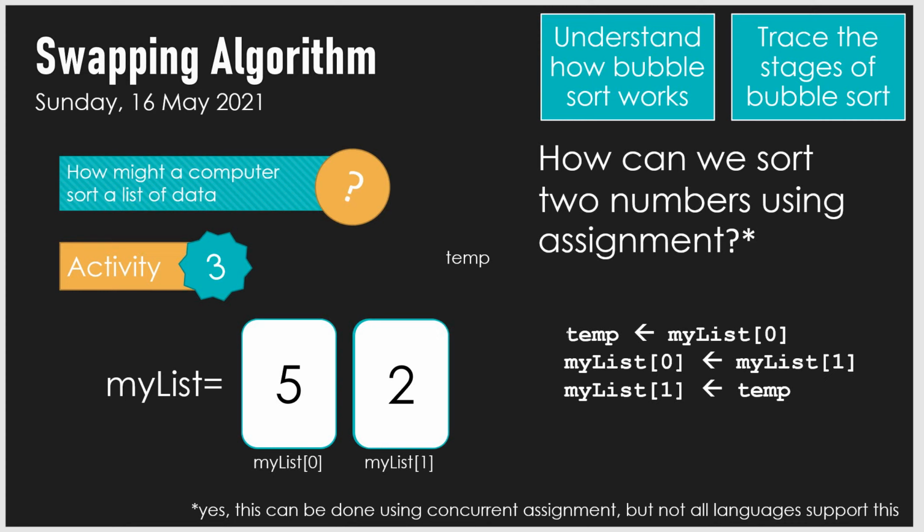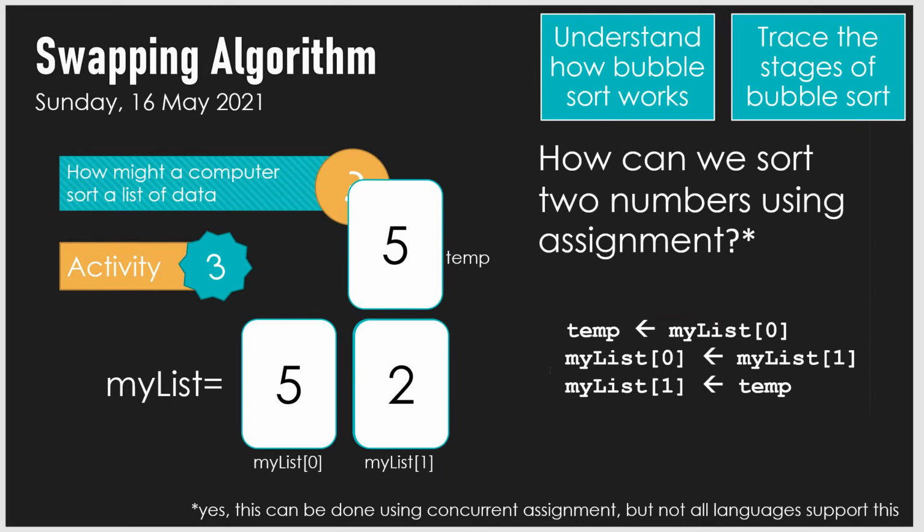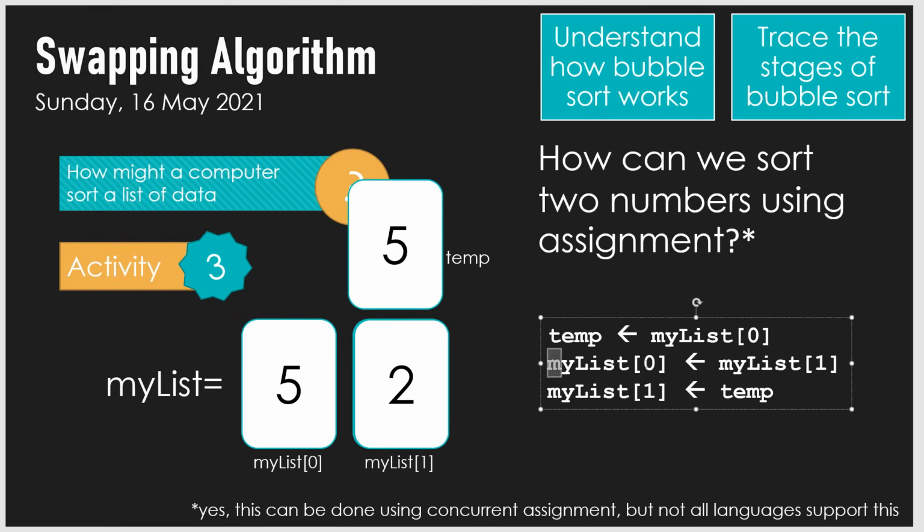So what's going to happen here is the variable temp is going to be assigned whatever value is in my list index 0. So we're going to take the value here and copy it over to the variable temp. Now the second line says my list index 0, so this position in the array, is going to be assigned whatever my list 1, or index 1, is. So we take the 2 and copy it over to index 0.